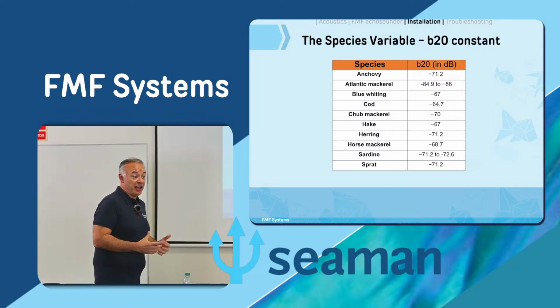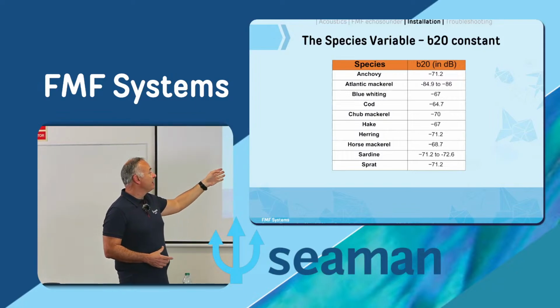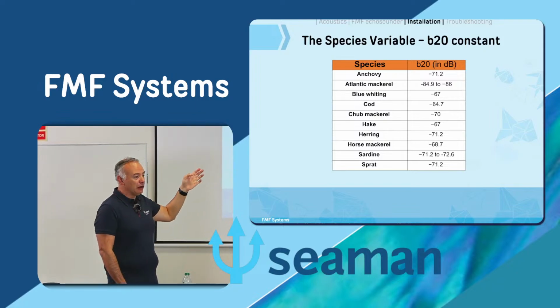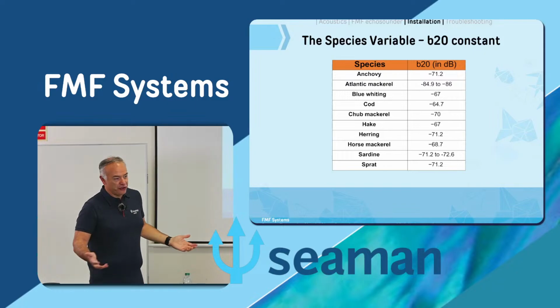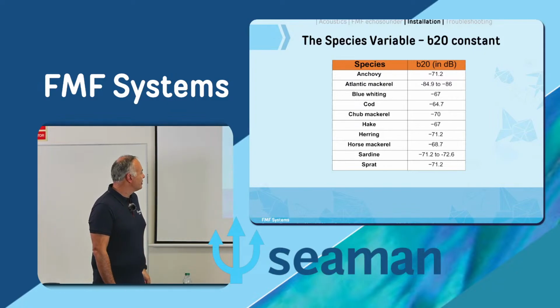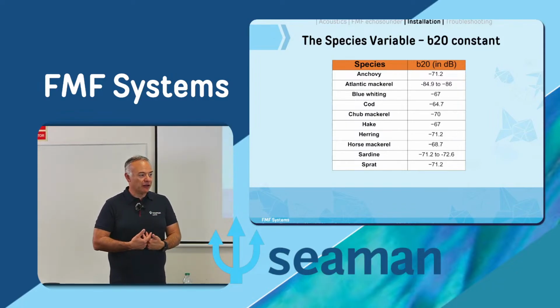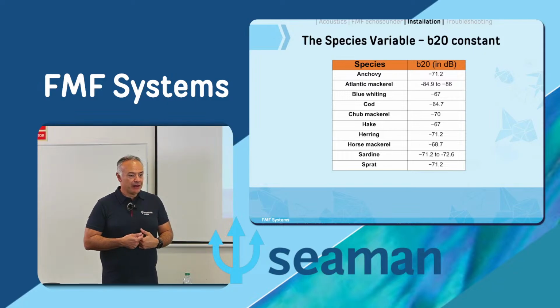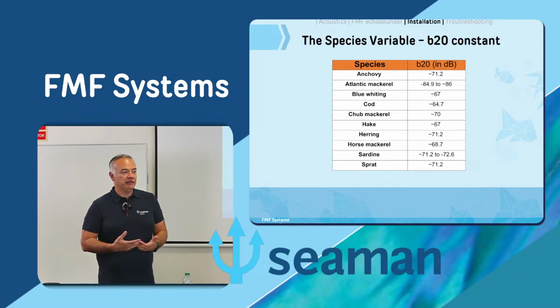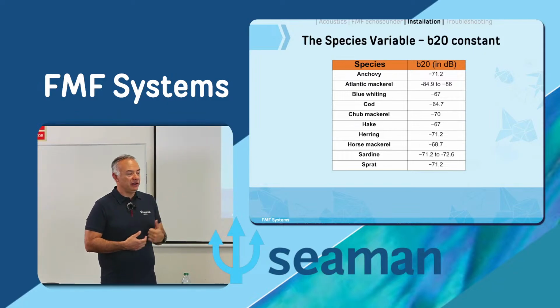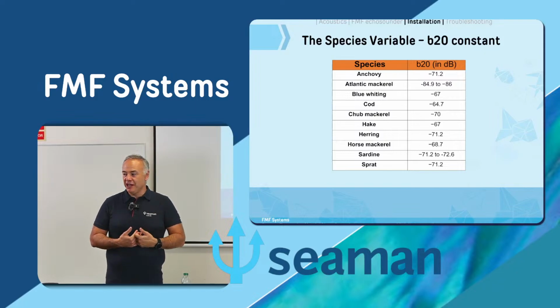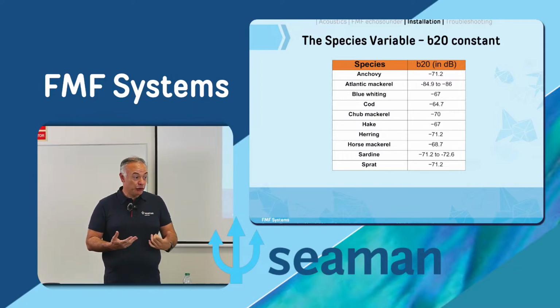In the ES80, they offer herring, they offer whitefish, which covers cod and this type of fishes, and they offer anchovy. What we offer is a longer list of species, and also the possibility for the user, we will see it, to create new species.